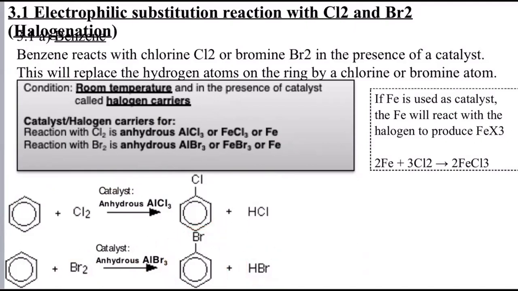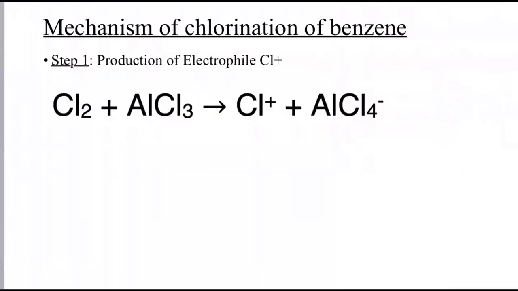Okay, so let's go straight to the mechanism. The first step of the mechanism is the production of the electrophile Cl+. You started with the reagent chlorine, but benzene only reacts with the electrophile. So what happens? The Cl–Cl bond breaks.